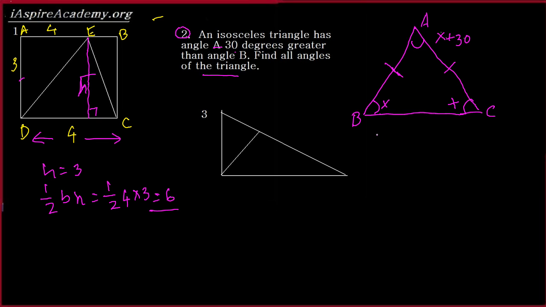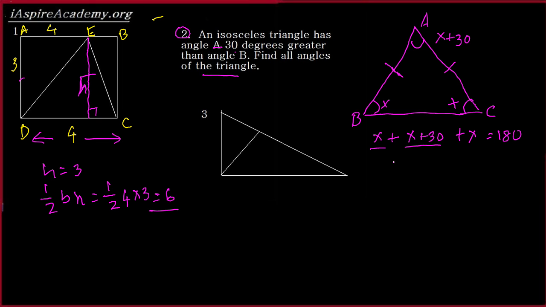Now if we put the properties of triangle, which is all the angles together are 180 degrees, what we get is A plus B plus C equal to 180 degrees.